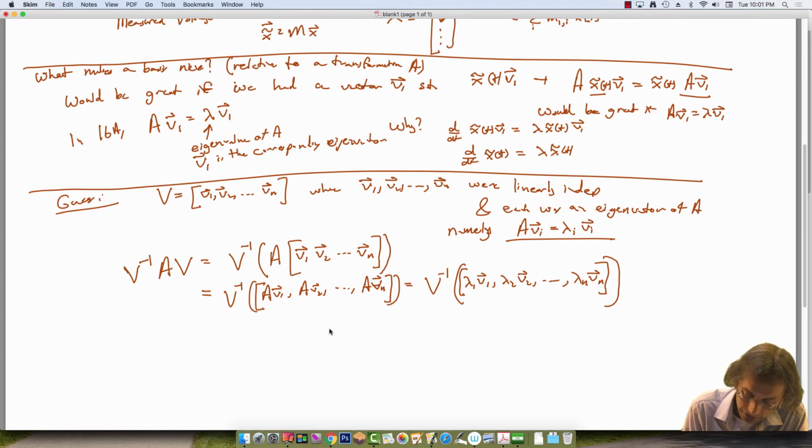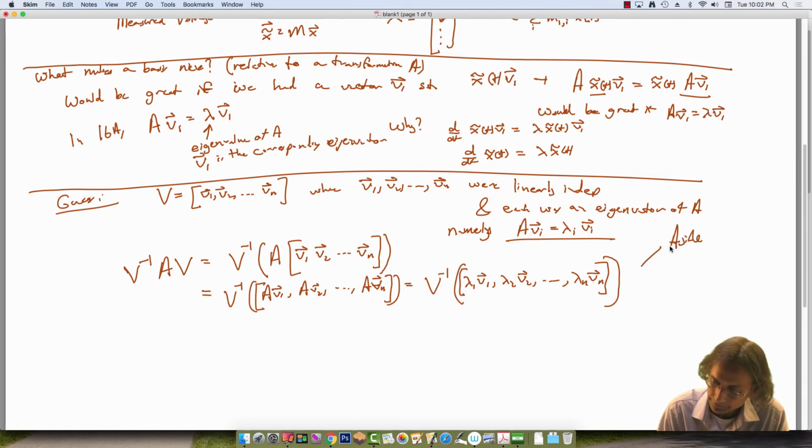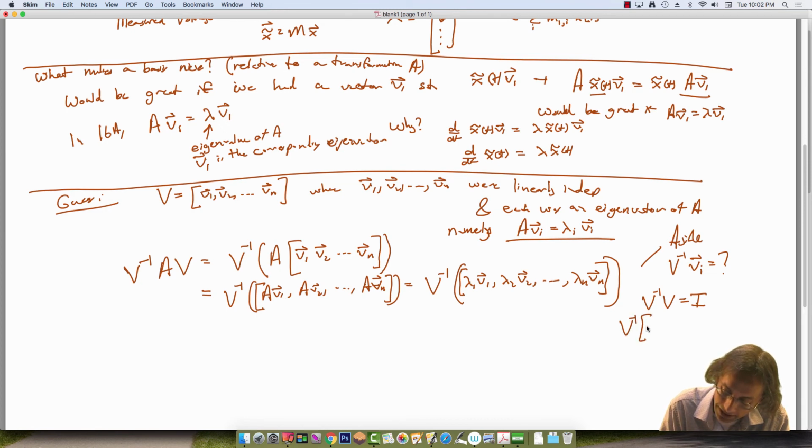So we have to ask ourselves, aside, what is V inverse times vi? Well, we know that V inverse times V is the identity. That's what it means to be an inverse. So V inverse times the matrix v1, v2, all the way up to vn equals the identity.